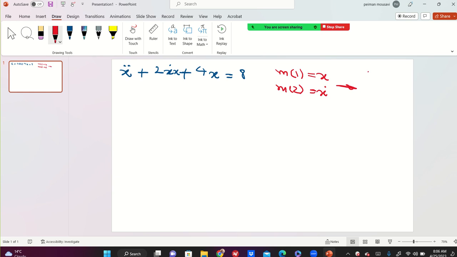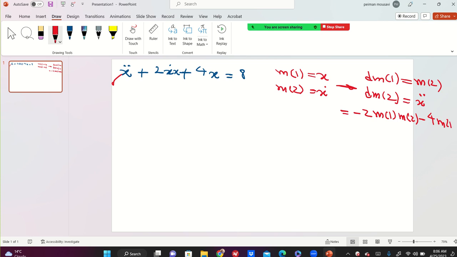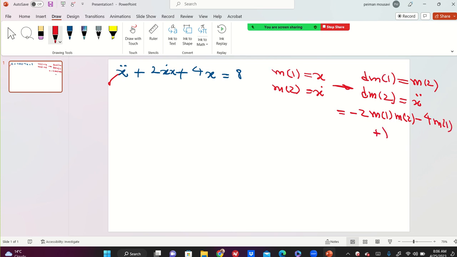So you got from here dm1, as we write in MATLAB, is m2, and dm2 is x double dot, which equals minus 2 m1 m2 minus 4 m1 plus 8.